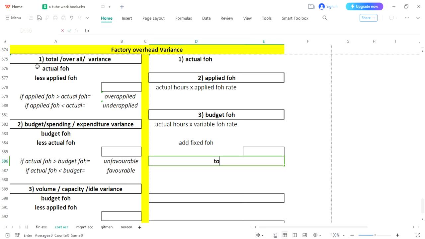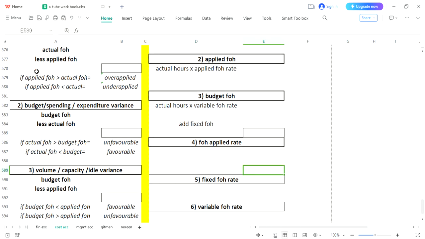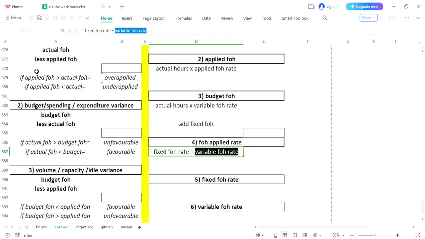So first you will calculate total applied FOH rate on fifth space. At fifth place you will calculate fixed FOH rate, and then on sixth place you will calculate variable FOH rate, after which fixed FOH rate would be added to variable FOH rate to get the total applied FOH rate.